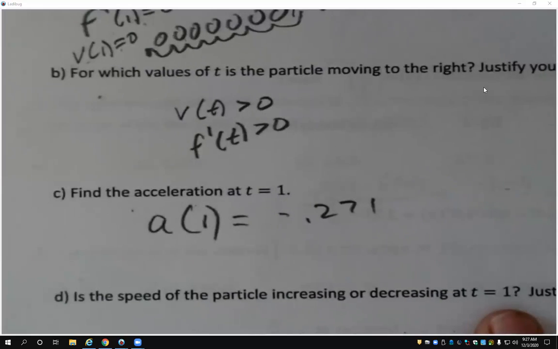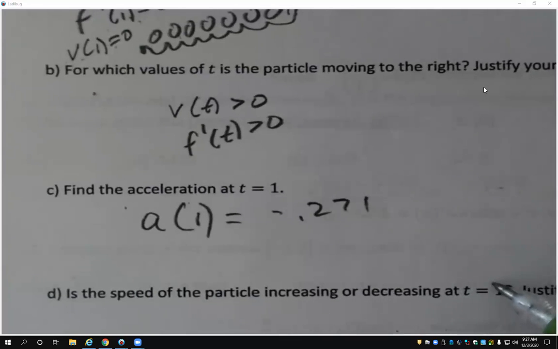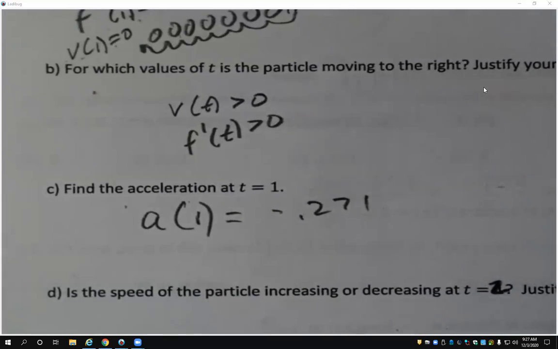And actually, it was supposed to say t equals 2. I forgot to change that on your paper, but the answer key would have been right if I had changed it. So it doesn't matter which one you want to look at. But on knowing if speed is increasing or decreasing, you're checking to see if the signs of acceleration and velocity are the same or different. All right. Any other questions?